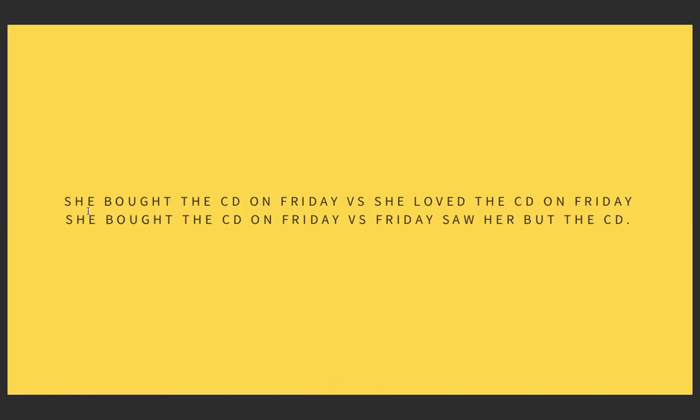So we have fourth, "She bought the CD on Friday" versus "She loved the CD on Friday." Then the fifth one, "She bought the CD on Friday" and then "Friday saw her buy the CD." So it means to say that they really have a discrepancy in terms of the meaning.